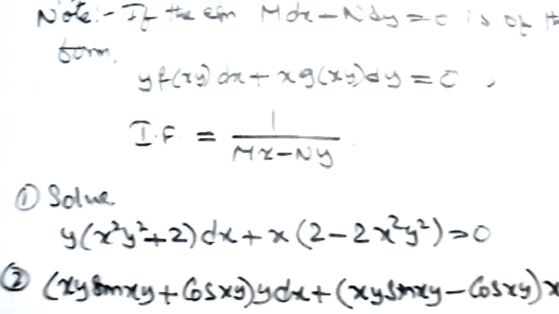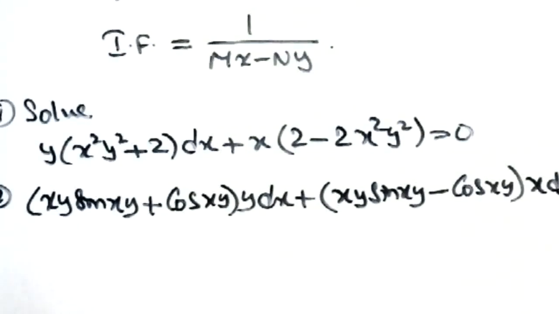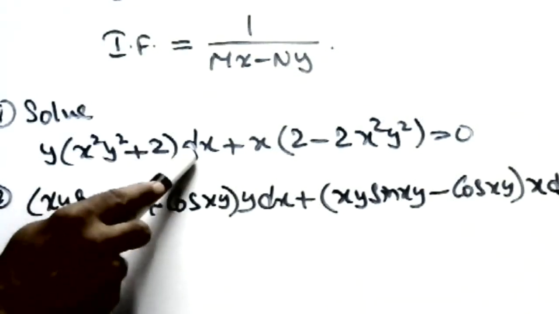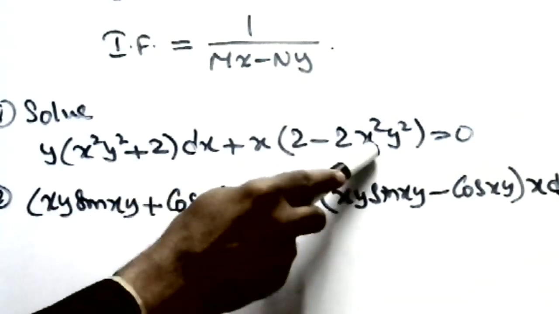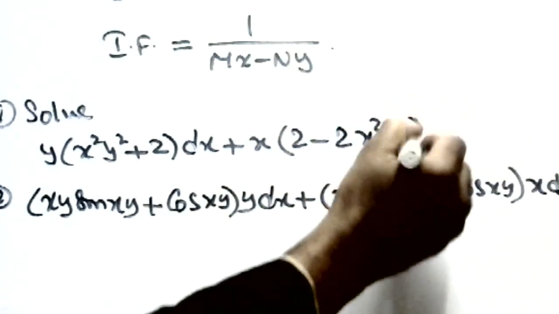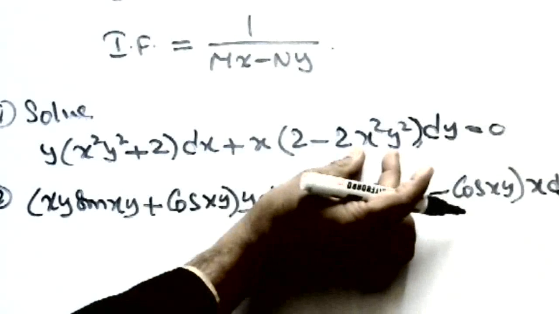See here, I have written two examples. You see how to find it: y f(xy) dx plus x g(xy) dy equals 0.